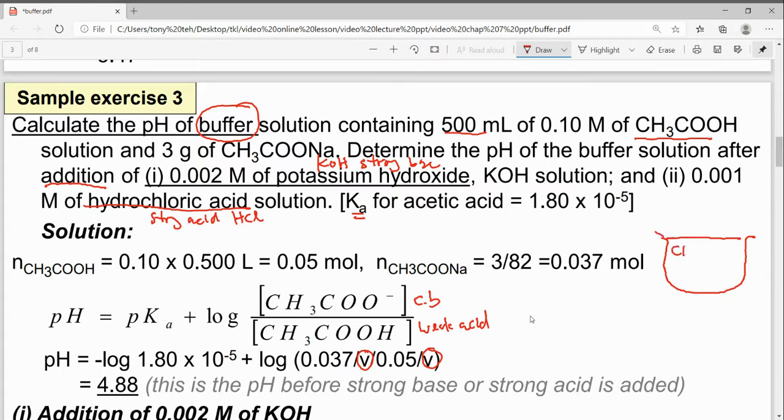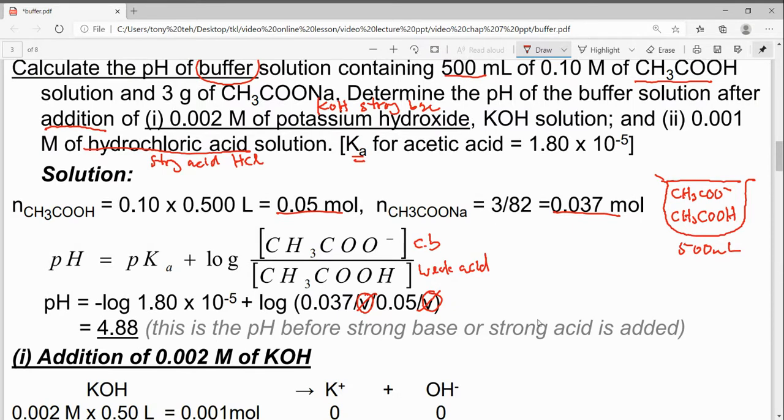CH3COO minus and CH3COOH are in the same solution. If this is 500 ml, both will have the same volume, so I just use number of moles because volume can be cancelled out. Finally I will get 4.88. This is the pH before strong base or strong acid is added.